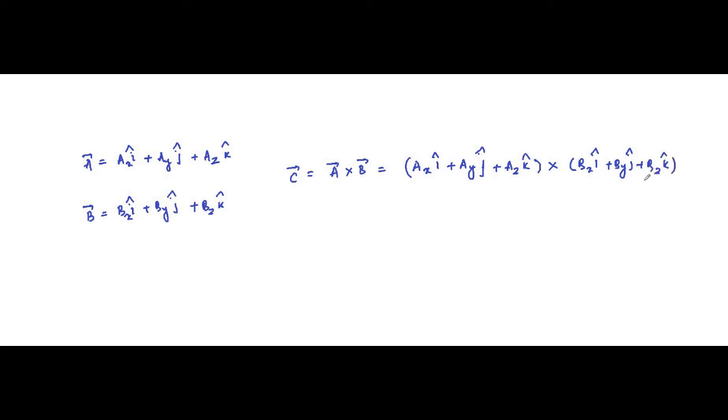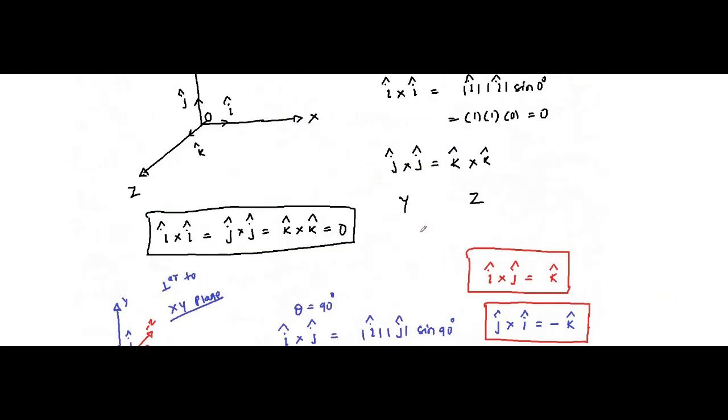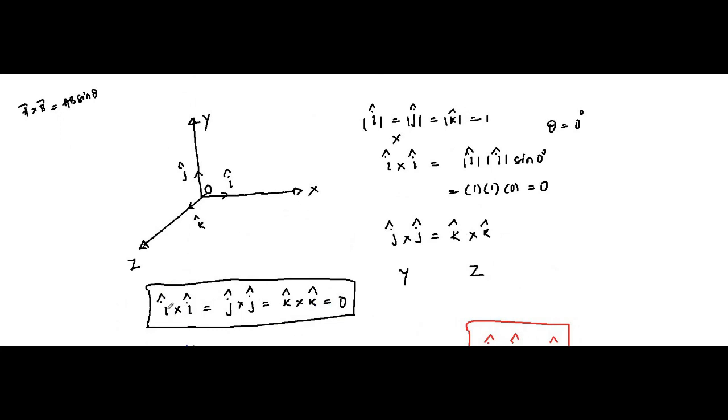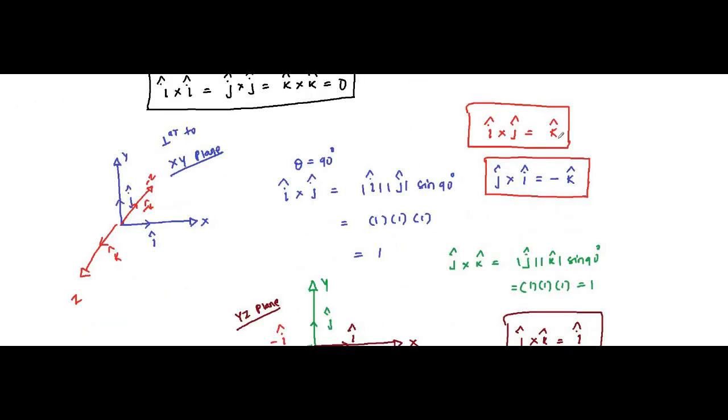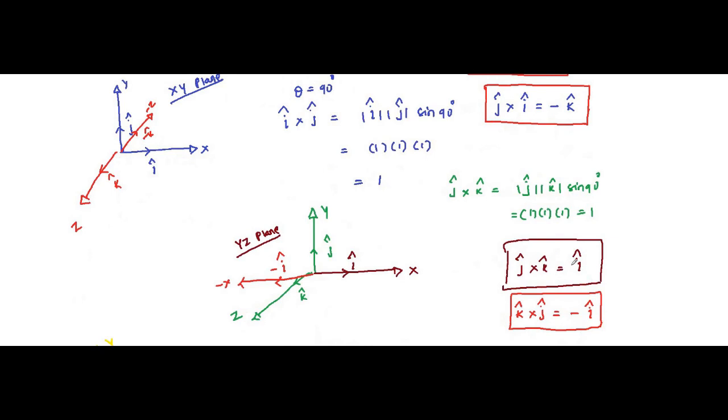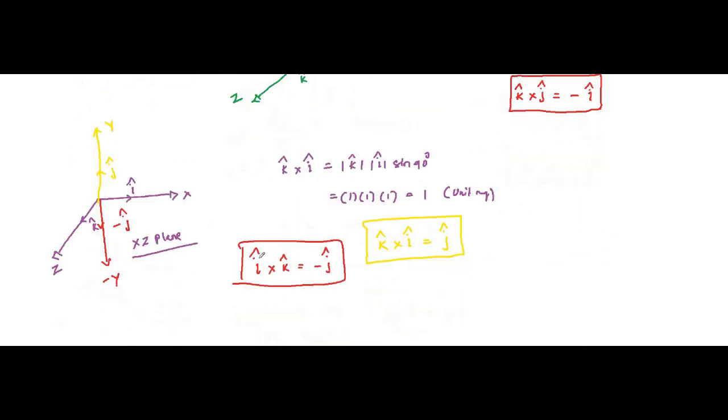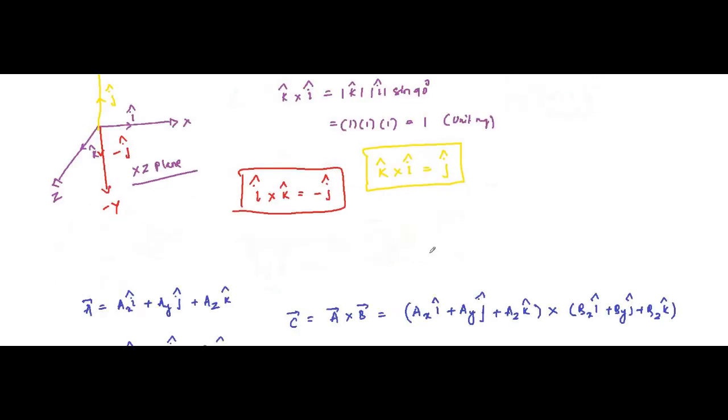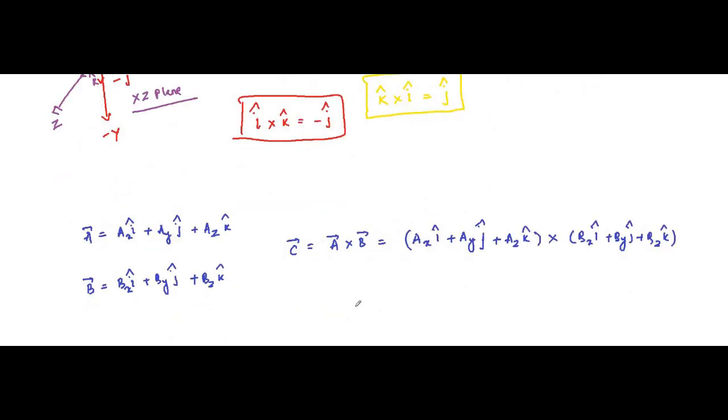Now, bear in mind that i cap with i cap, j cap with j cap, k cap with k cap, the cross product will be 0. i cross j is k, j cross k is i, and k cross i is j. These things will happen.